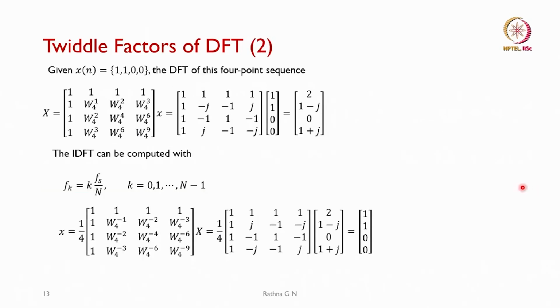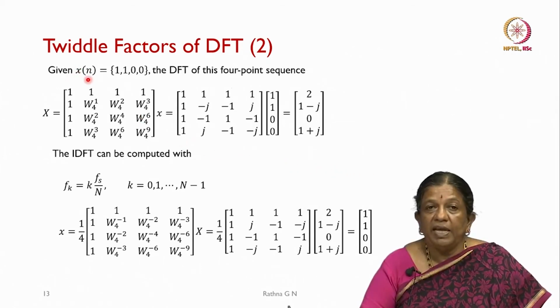Just to show how twiddle factors are represented with W N weights, we will assume the given x of n is equal to 1 1 0 0. So, I think it should be striking to your mind that here we have assumed N is equal to 4. We will see what the 4-point DFT of this sequence is going to be.